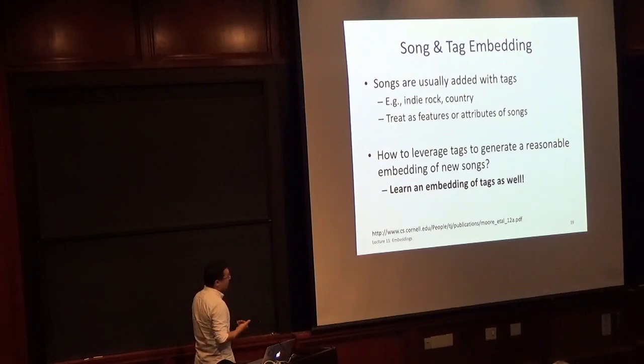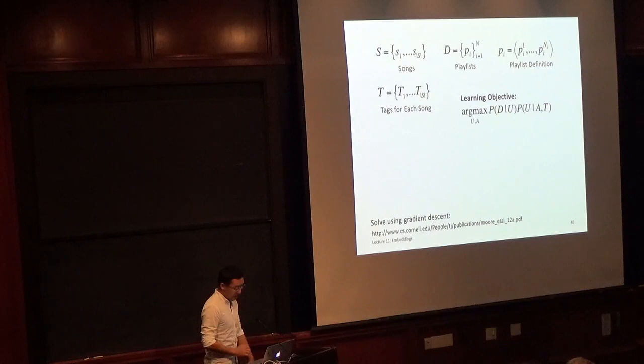In this particular application, they chose to learn an embedding over tags as well. So tags include things like the genre, possibly the artist, and any other attributes that come with the song. The song has a bunch of metadata.